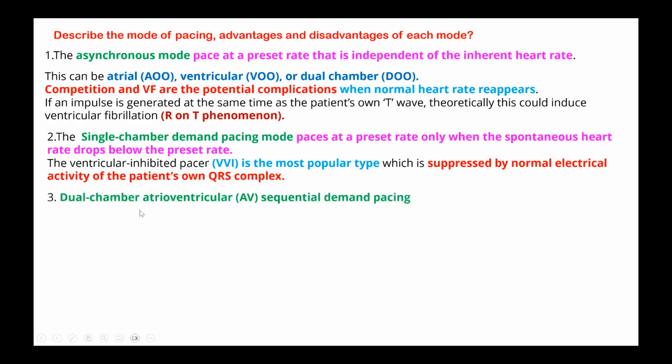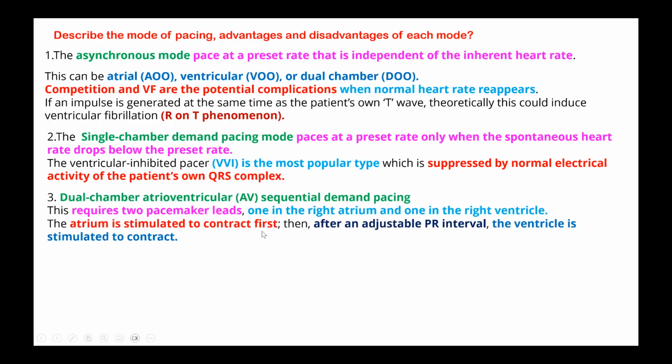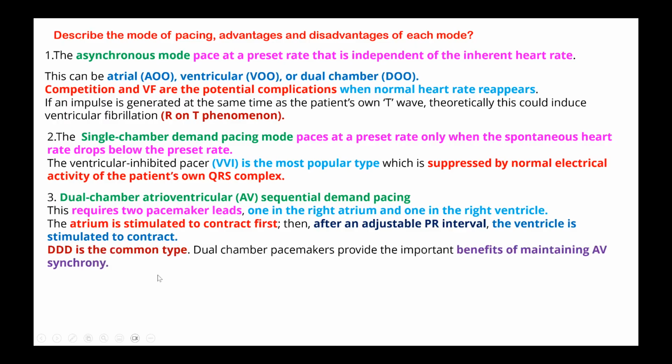And the third method, dual chamber atrioventricular sequential pacing, requires two pacemaker leads, one in the right atrium and one in the right ventricle. The atrium is stimulated to contract first, and after an adjustable PR interval, the ventricle is stimulated to contract. So it is just like a normal sequential contraction from the SA node to the AV node that is achieved by the dual chamber method.